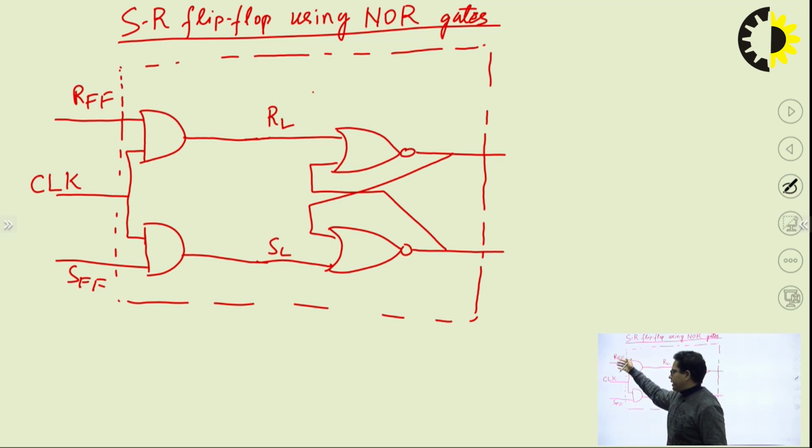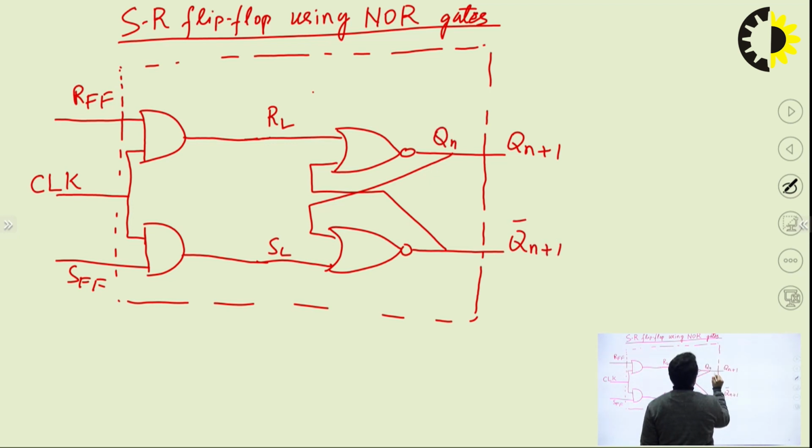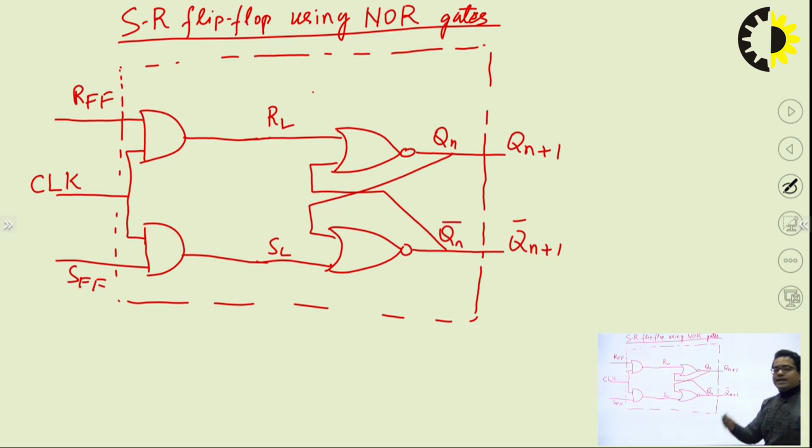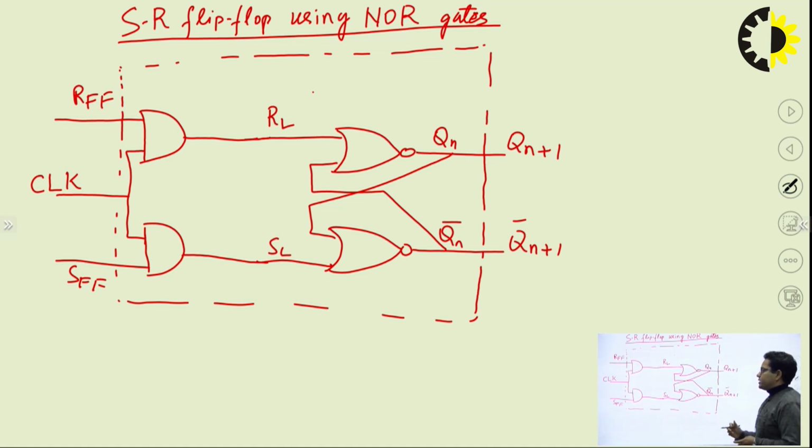One terminal will be R, one terminal will be S, and there will be your main output, let us call it Qn plus 1, and its complemented form Qn plus 1 complement. This is your Qn and this is your Qn complement. That is the figure for the SR flip-flop using NOR latch. Now let us try to understand the working principle with the help of a truth table.